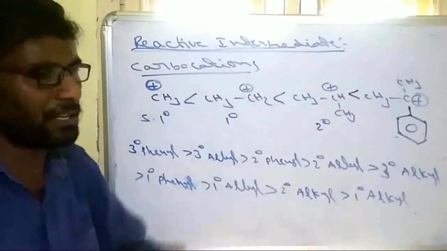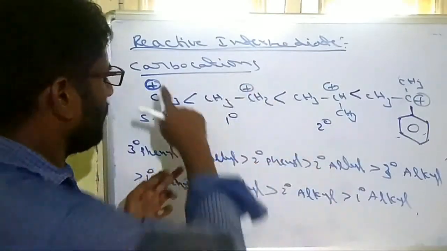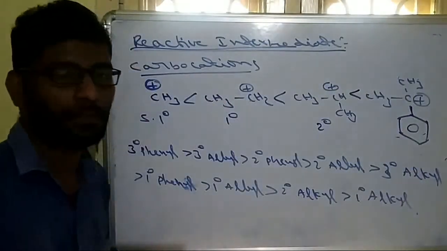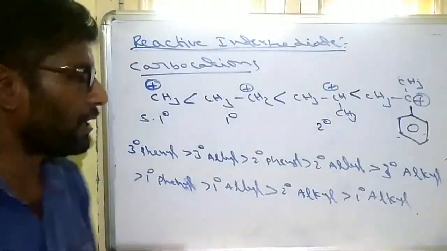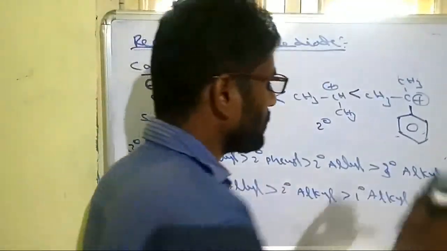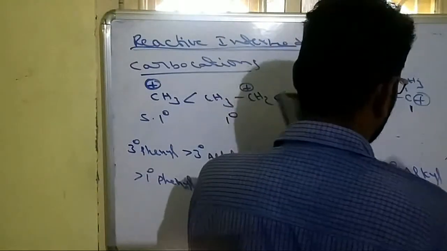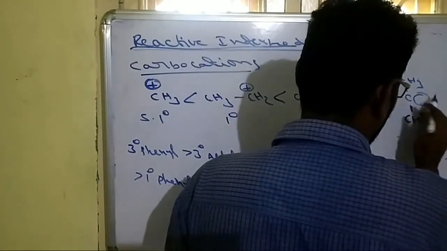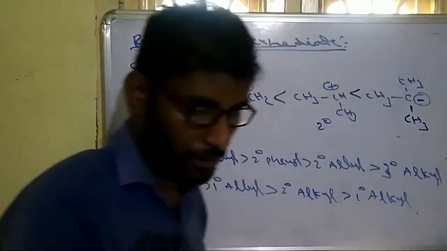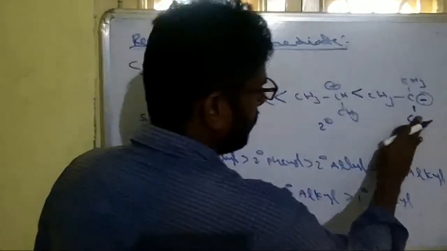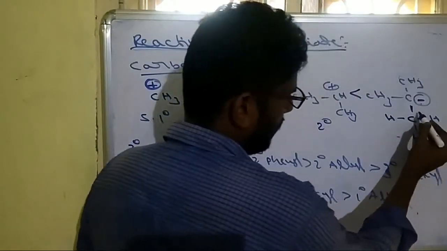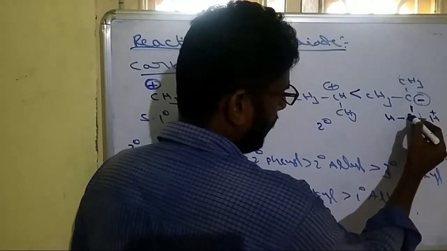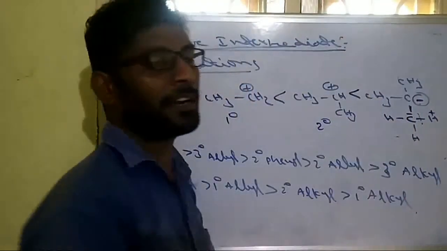Same for carbanions. Carbanions have a negative charge on carbon. When the negative charge is there, the stability will be opposite. See this. Here suppose a negative charge is there. Hyperconjugation is not possible. If you break this bond, H plus and carbon minus, the minus charges will repel each other.